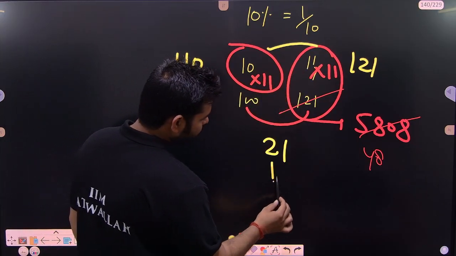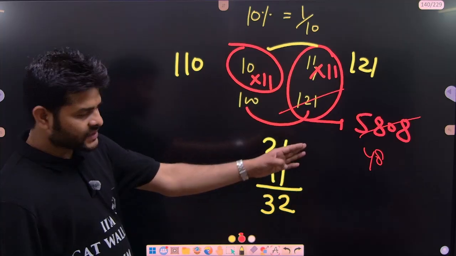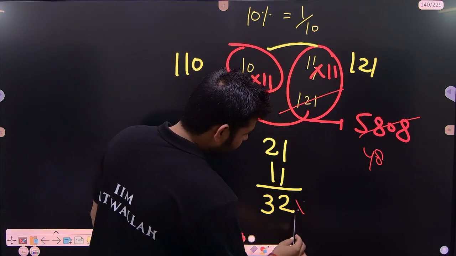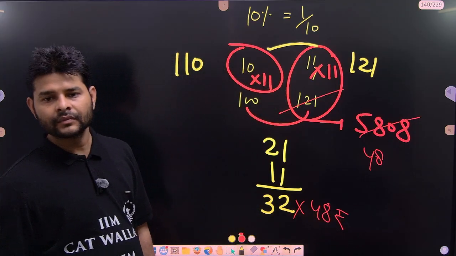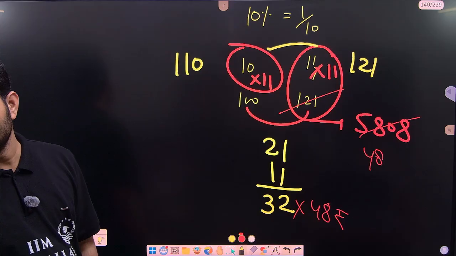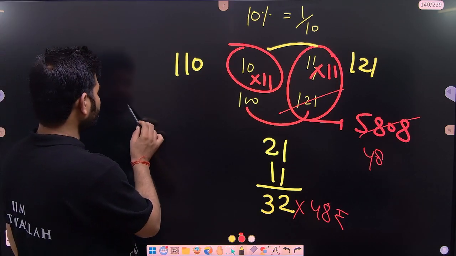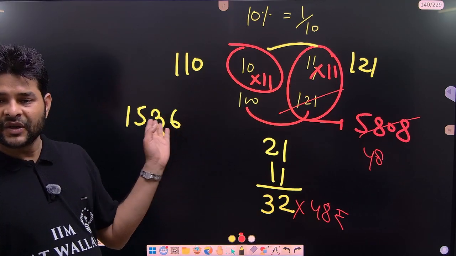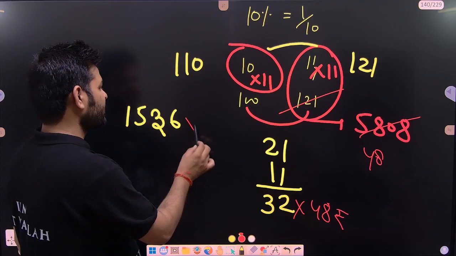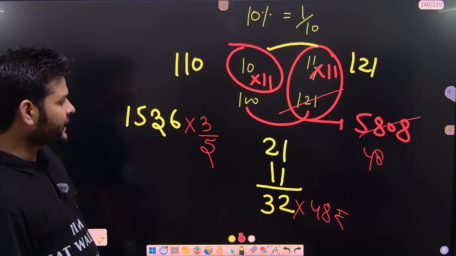So total is 2 and 3. So 1 unit cost is 48, and this unit cost would be, how much value you will get? 1536. Now 60% of this value. So 60% means 3 by 5 of that value. Directly you will get the answer.